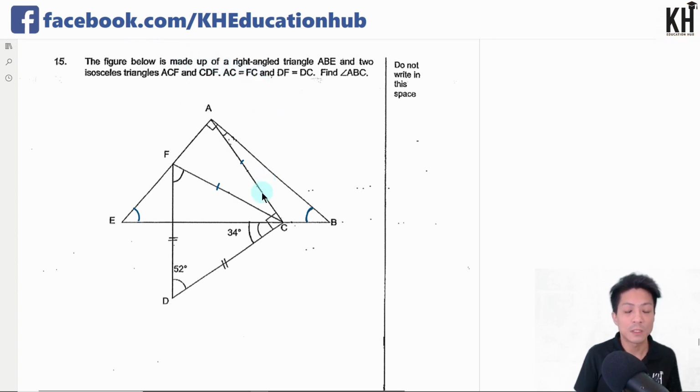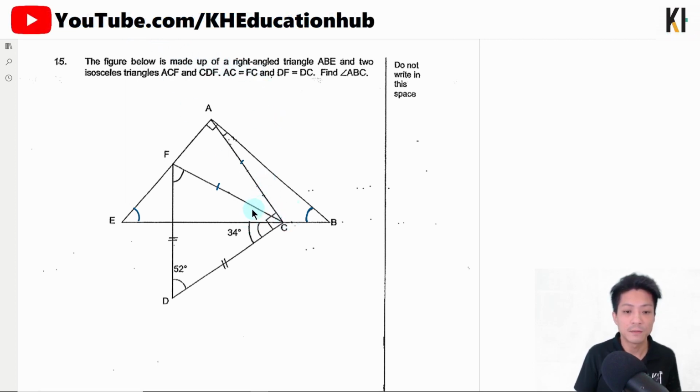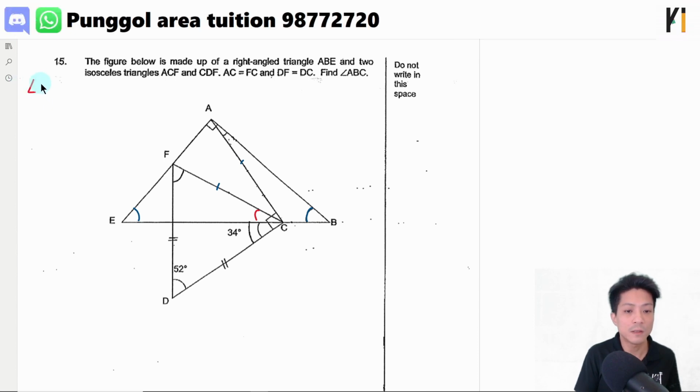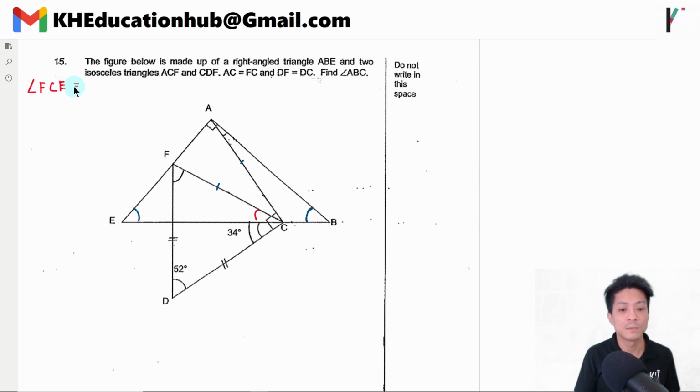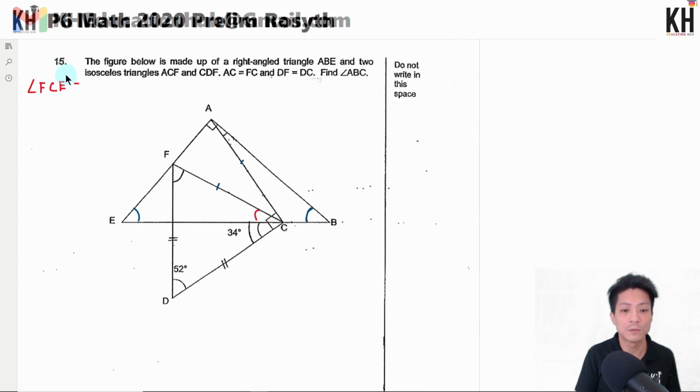No idea what to do, but I'm going to find whatever I can find. I'm going to find this first and write it down. Angle FCE. Should I find that first? Actually, I can't find that first.